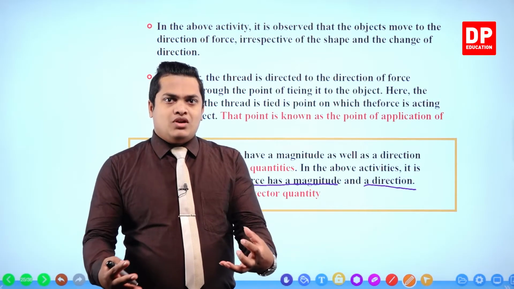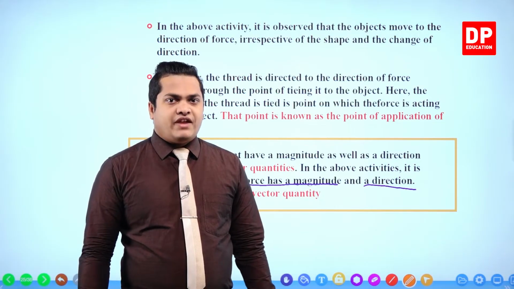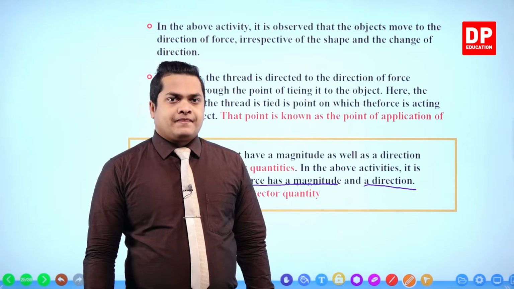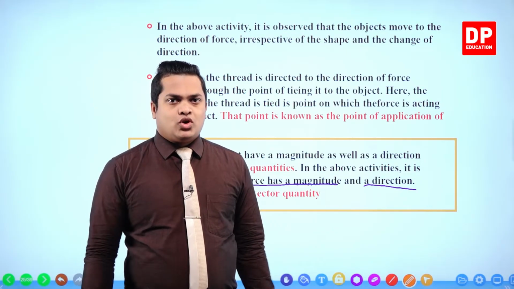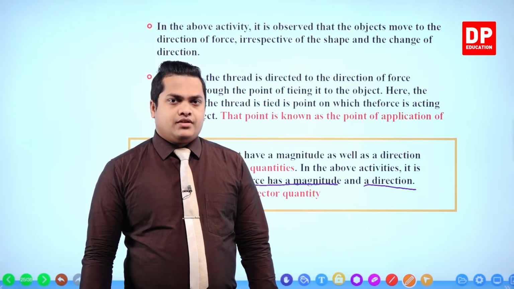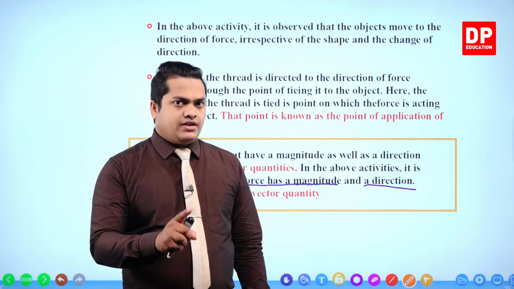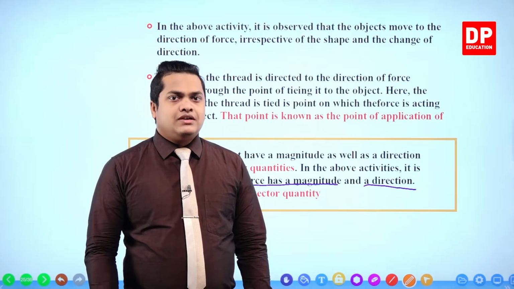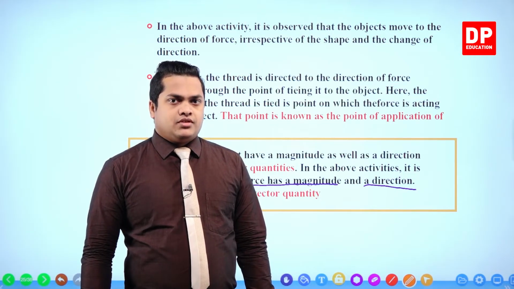Gravitational pull means a force. Definitely then, weight is a vector quantity. The direction of weight is always towards the ground, towards the earth. If it is a vector quantity, then definitely it should have a direction.